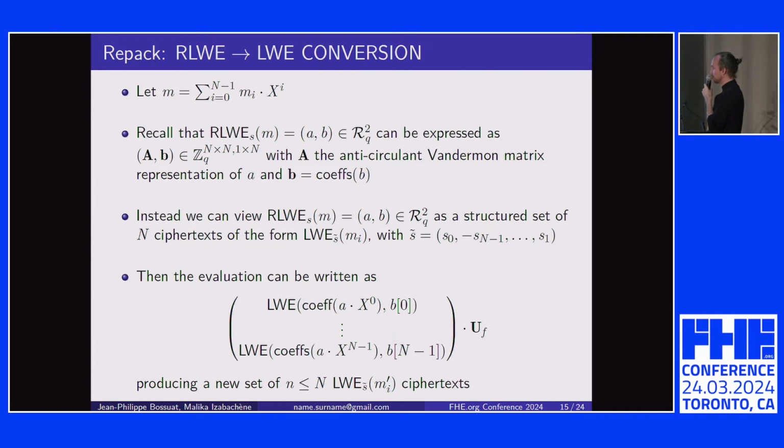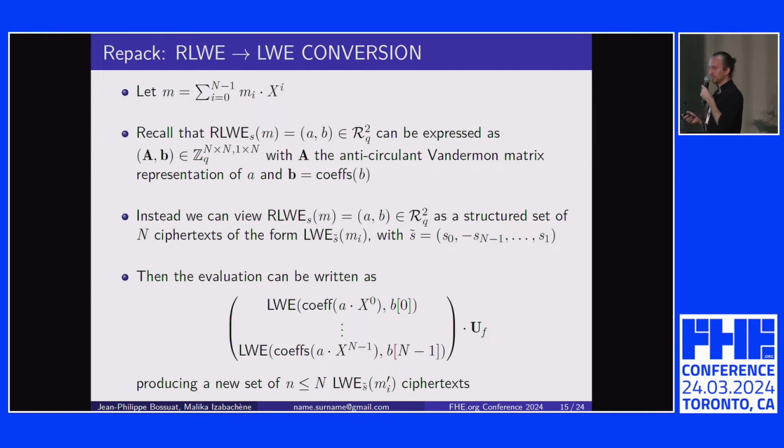We actually get something that is very similar to the original approach, but instead of seeing this reduced ciphertext as a big matrix and a vector, we can see it as a set of structured ring learning with errors messages that are encrypted under a permutation of the original key.